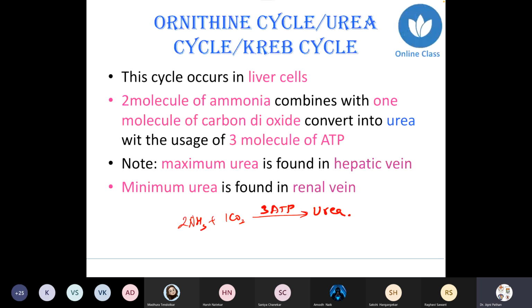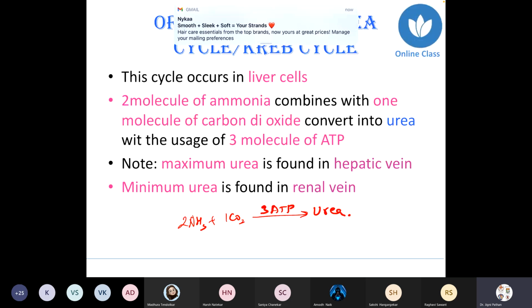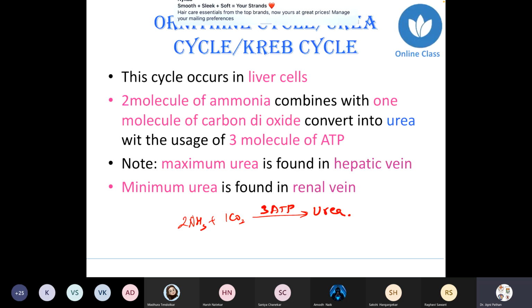What is the condition when the urea is more in the blood called? What is the condition? Very good. Uremia. Very nice. Minimum urea is found in the renal vein.